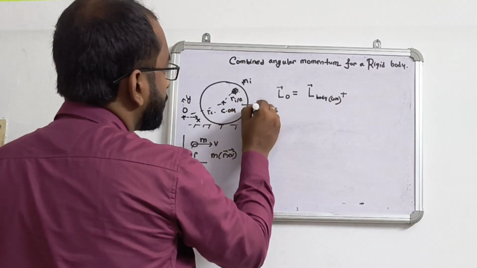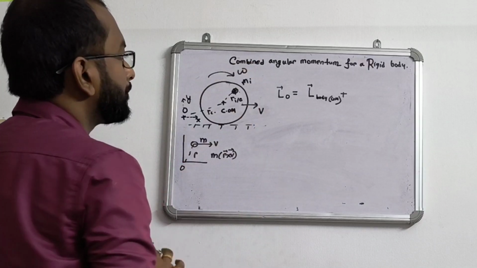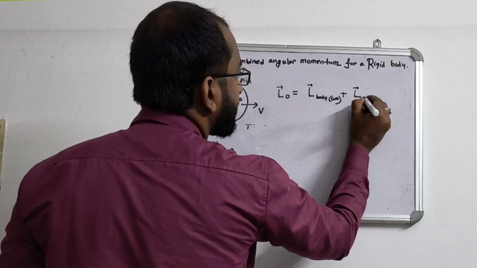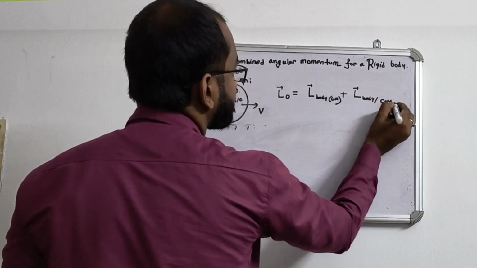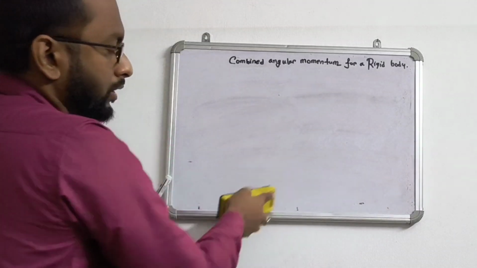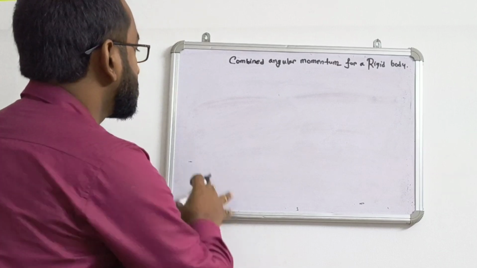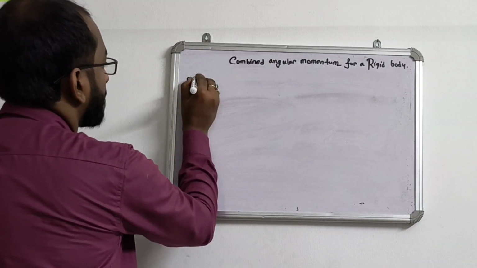So this body is moving with velocity v as well as rotating with angular velocity omega, so we take the body with respect to the center of mass. Now this concept may seem very difficult, but we'll understand it through a problem.